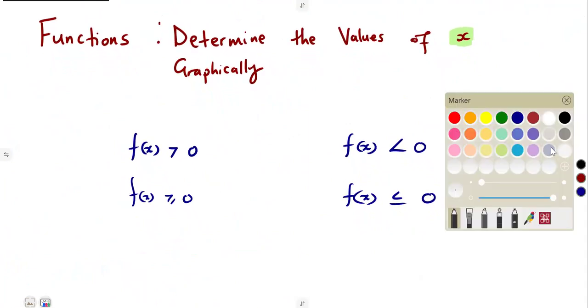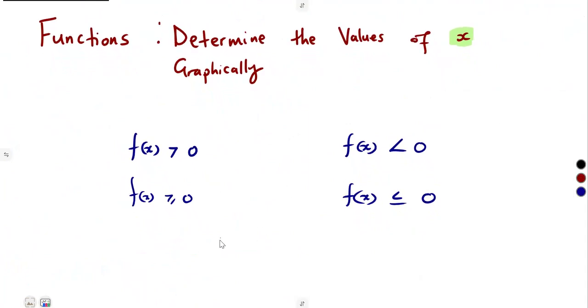For this nature, what is important is that our critical values are represented by the x-intercepts of the given function. If it is g of x, if it is f of x, the x-intercepts, or the x-intercept when you're talking about a straight line.